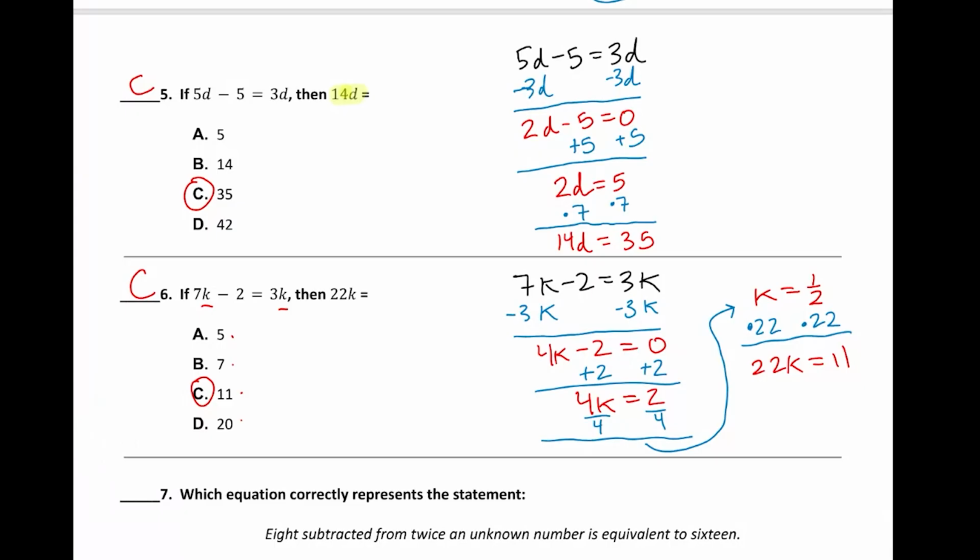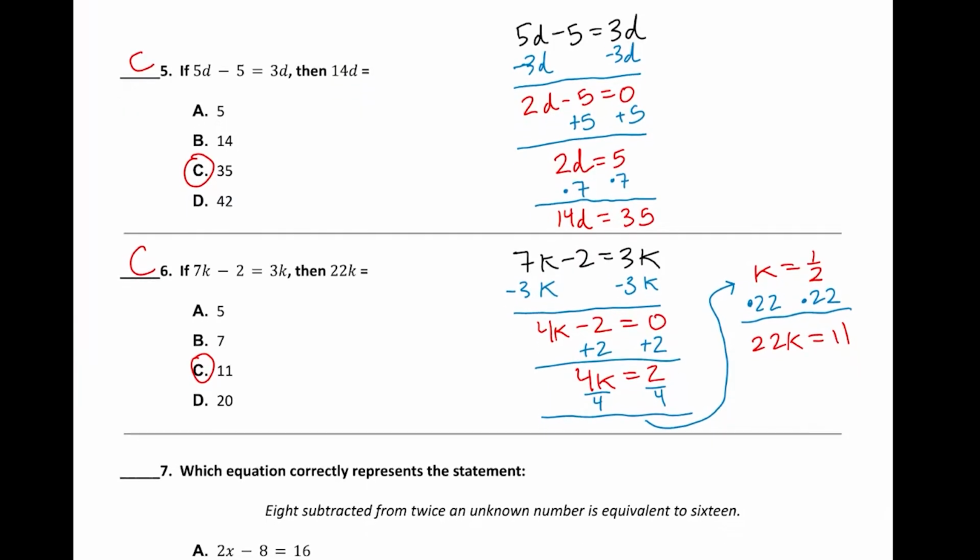So really important that we know that we're trying to get 22k or 14d here. So you just really want to be careful when you're solving this one. I'm not really sure that you can use the answer choices in the same way. You probably can find a way to work these backwards, but honestly, it's probably easiest just to work them out the right way.